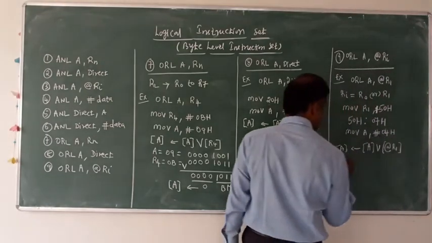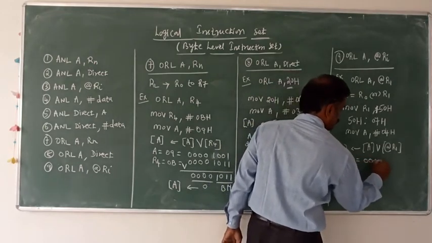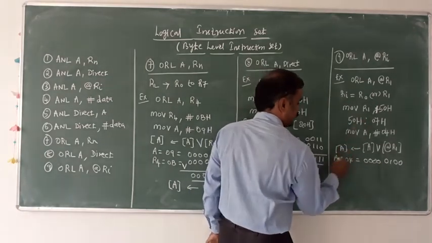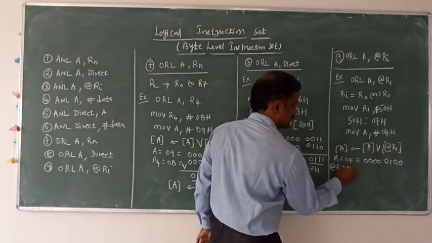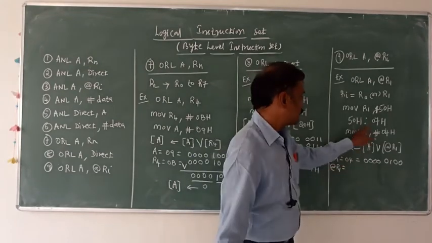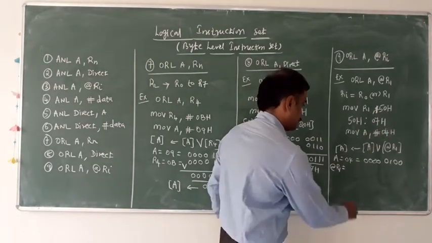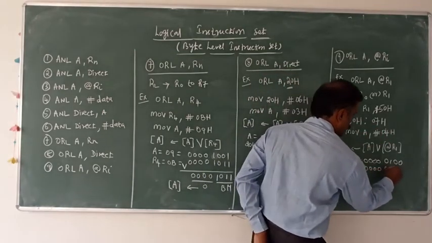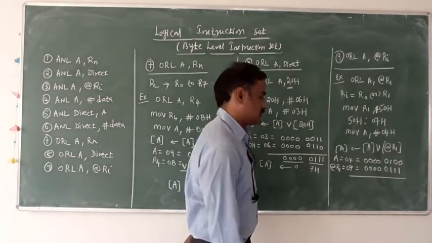Here the A register is 04: 0000 0100. This is for 4. And @R1 means R1 address 50, and the 50 address location data is 07. Now the 07 is 0000 0111. Now logically OR these two data.